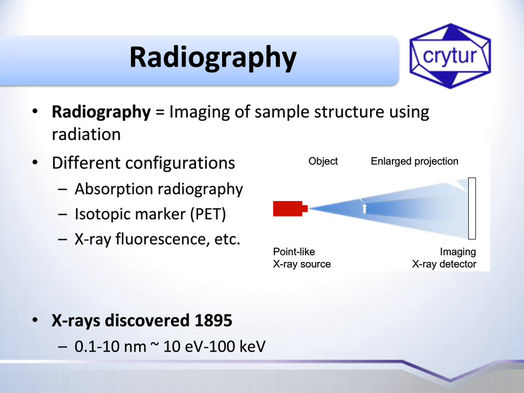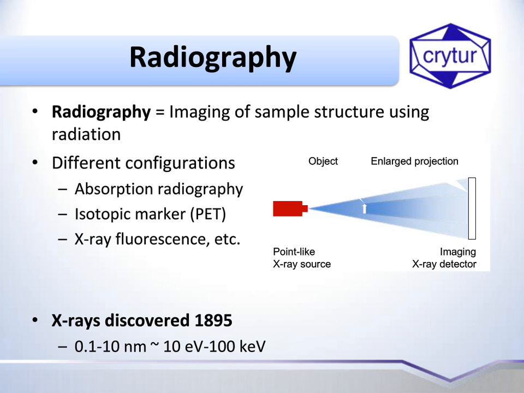You have a point-like X-ray source which irradiates the object, and then there's an imaging detector at a certain distance behind the object, and you can image it on the detector. This is the first variant.